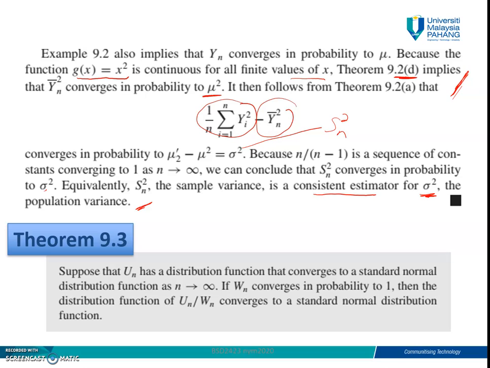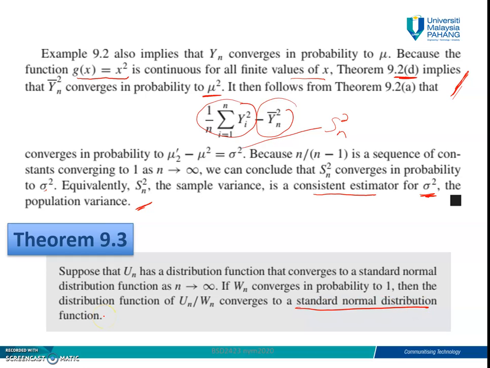All right, so now we move to theorem 9.3. Suppose that U_n has a distribution function that converges to a standard normal as n goes to infinity. If W_n converges in probability to 1, then the distribution function of U_n over W_n converges to a standard normal distribution function.